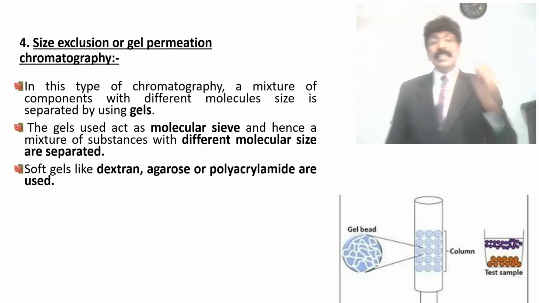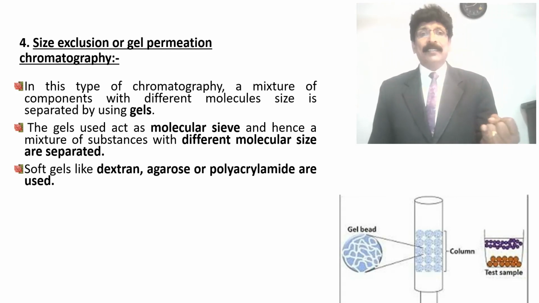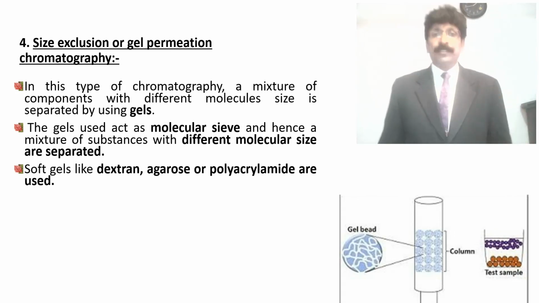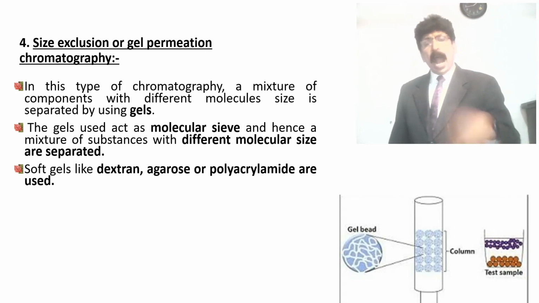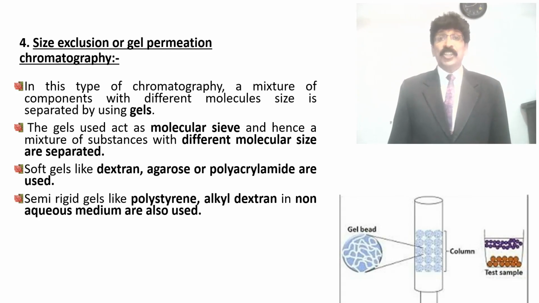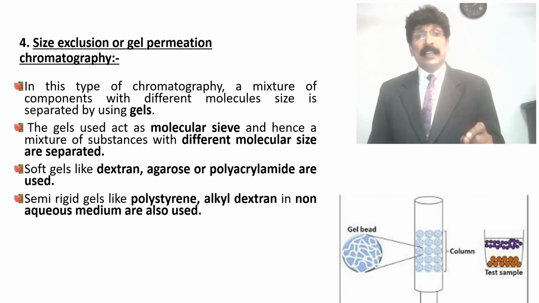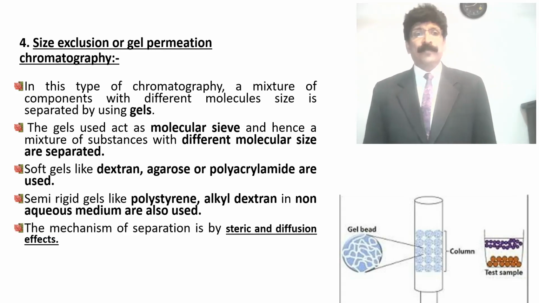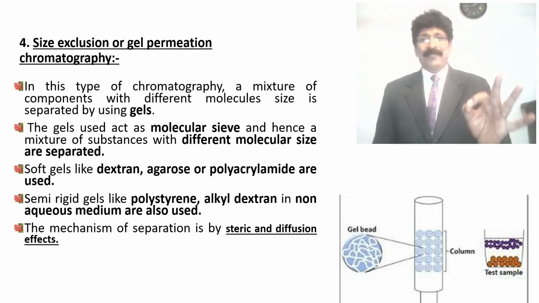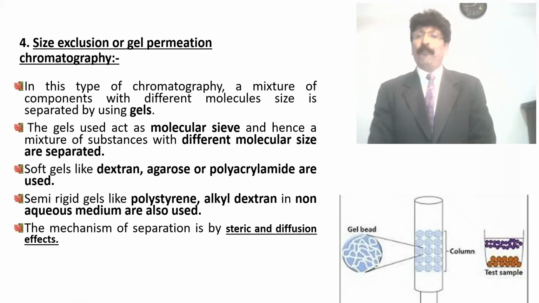Soft gels like dextran, agarose or polyacrylamide are used for this purpose. Semi-rigid gels like polystyrene, alkyl dextran in non-aqueous medium are also used. The mechanism of separation is by steric and diffusion effects.